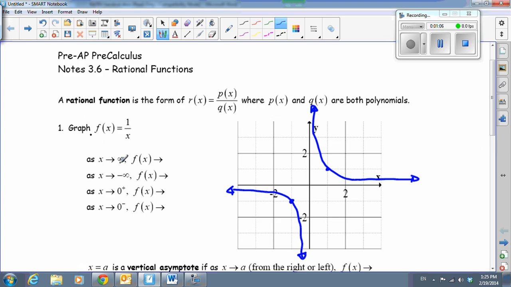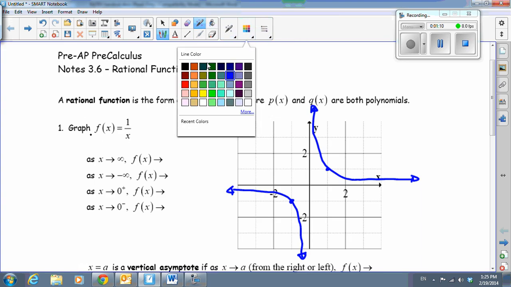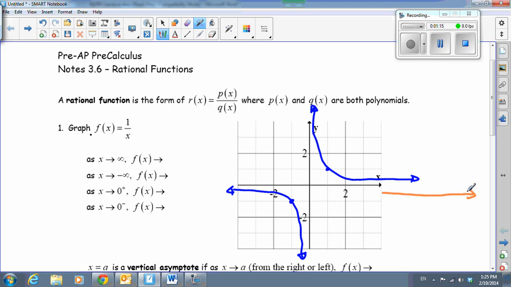As x approaches infinity, we're talking about x getting bigger and bigger and bigger. It's going to this side. As x approaches infinity, f of x, on the other hand, will approach 0. In other words, y will tend to get closer and closer to 0. The same thing will happen at negative infinity.